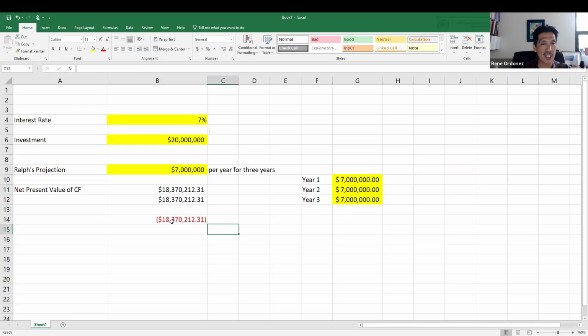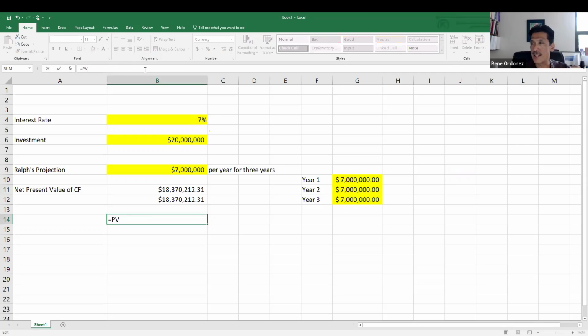The other function that you can use is known as the present value. You can use the present value function if the cash flow is the same year after year.